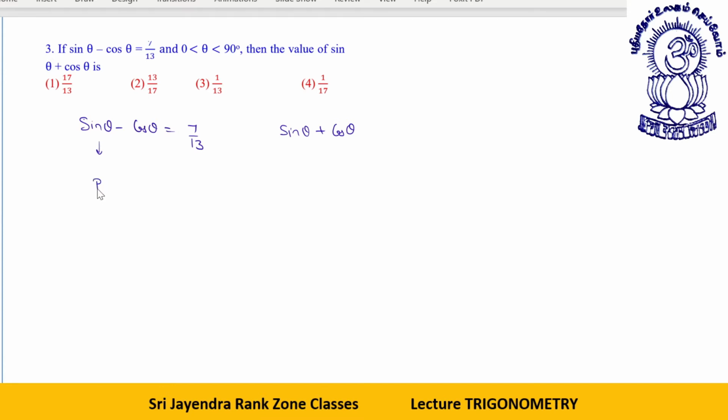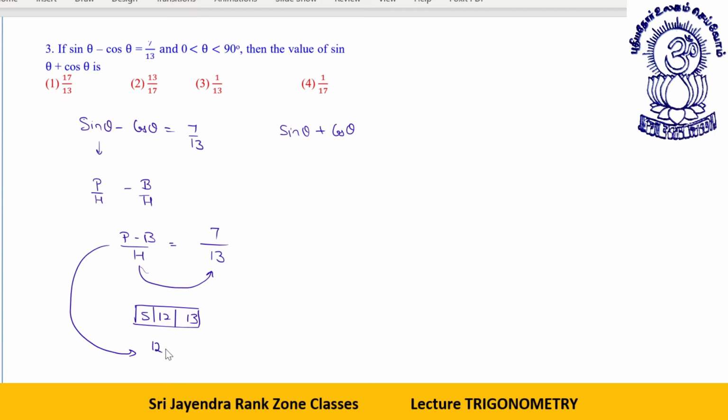Sine theta is P by H, cos theta is B by H. This I can say as P minus B by H is equal to 7 by 13. H is 13. 13 is there in which Pythagoras triplet? You can say 5, 12, and 13. So based on this, I can say this is like 12 minus 5 by 13 is equal to 7 by 13. From here you get this P, this becomes P, this becomes B, and this becomes H.